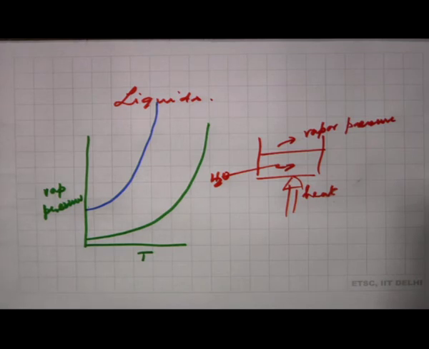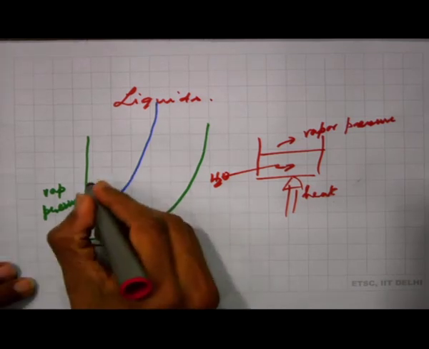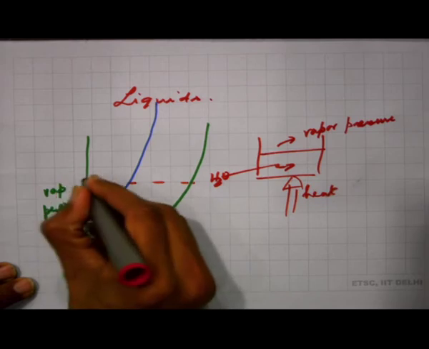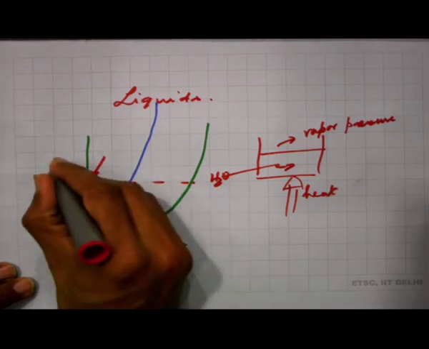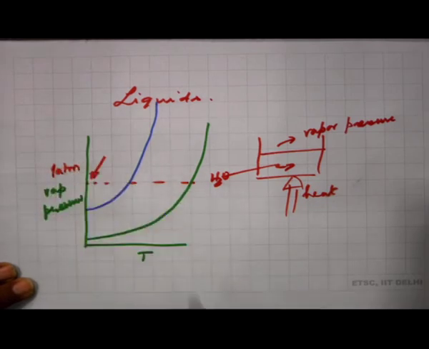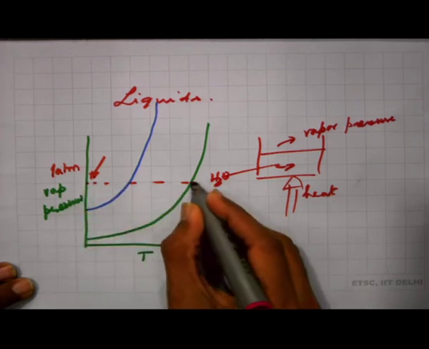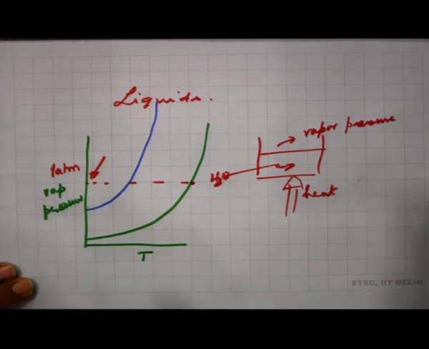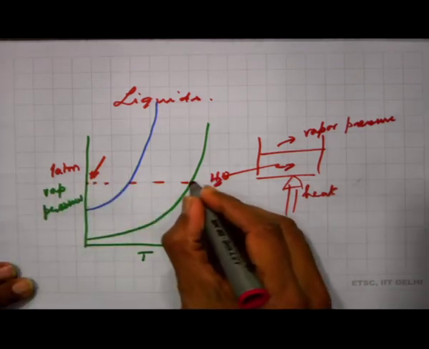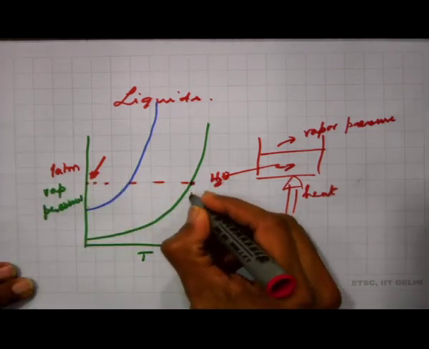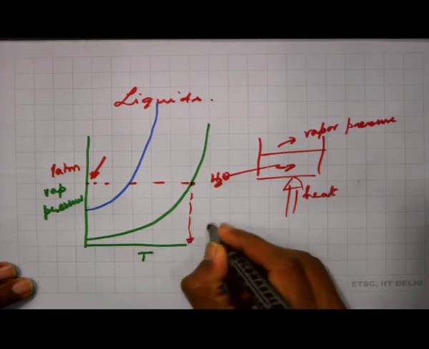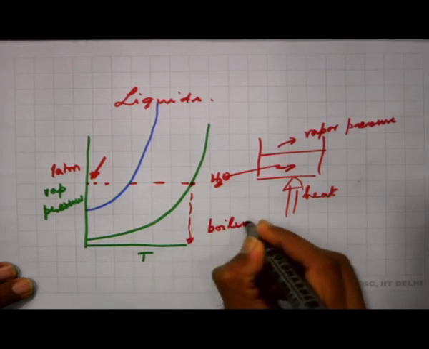So, let us say this is 1 atm pressure. At 1 atm pressure, when the vapor pressure equals 1 atmosphere, that is this particular point, and this temperature is called the boiling point, the normal boiling point.